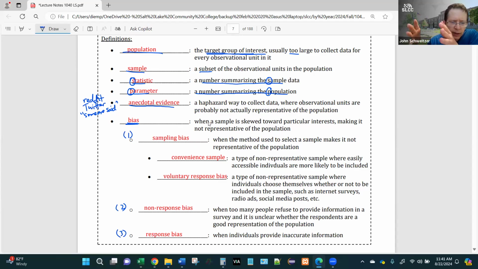And there are more actually, but these are the three main ones that we're going to focus on in this class. So the first is called sampling bias. That's when the method that's used is a poor method. I like to say that this will get you fired.